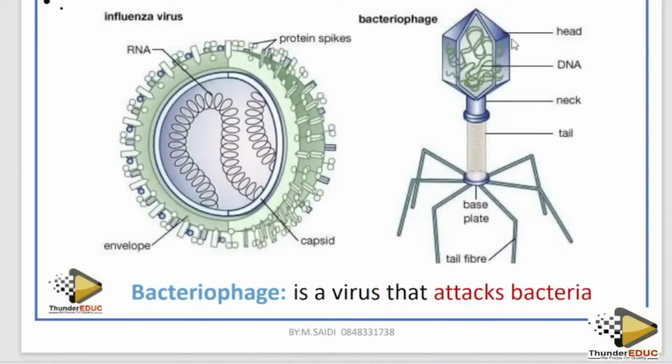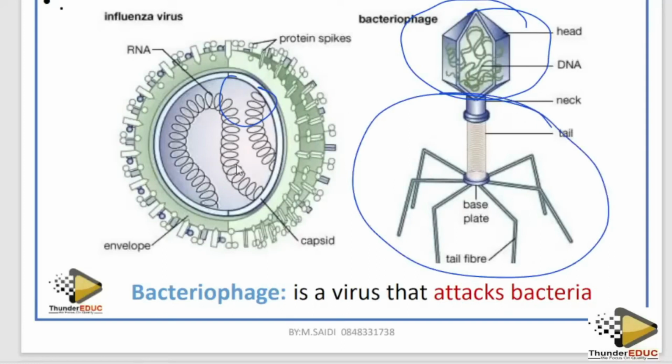It is still the same virus as this one, but this one has specific features which make it able to drill into the bacteria so that it can enter, and then it puts its gene into that bacteria and causes the bacteria to multiply. As it multiplies, the virus DNA is also multiplied, and then many viruses are released.